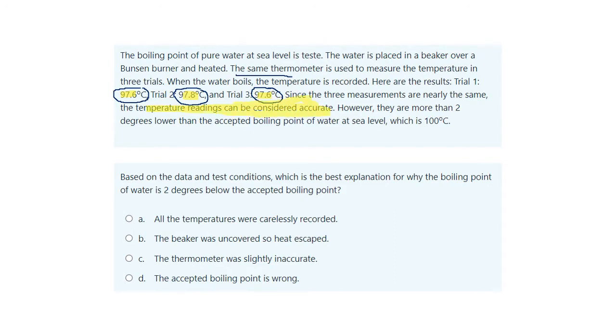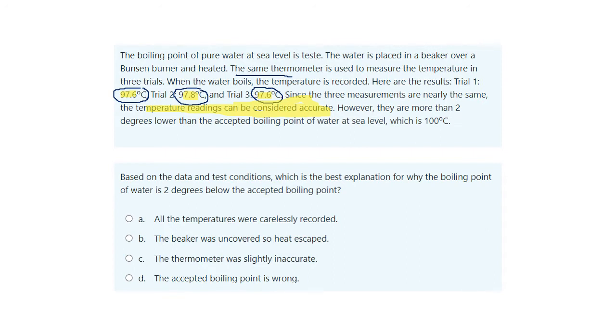However, they are more than 2 degrees lower than the accepted boiling point at sea level, which is 100 degrees. You should know that water boils at 100 degrees Celsius. So why, when this person did the experiment, did they find that water was boiling at 97.6 or 97.8 degrees?